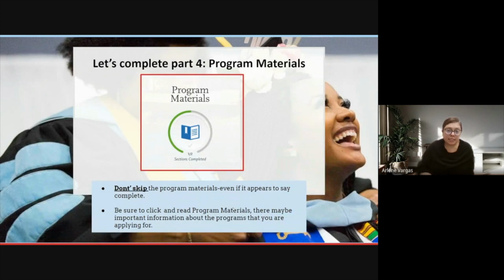The last part is program materials, and this is the very last piece of the application. This is an example of someone who is halfway done with this section of the application, because once they are 100% done, the entire circle will be green. It's really important not to skip this part of the application. Be sure to click on and read the program materials.